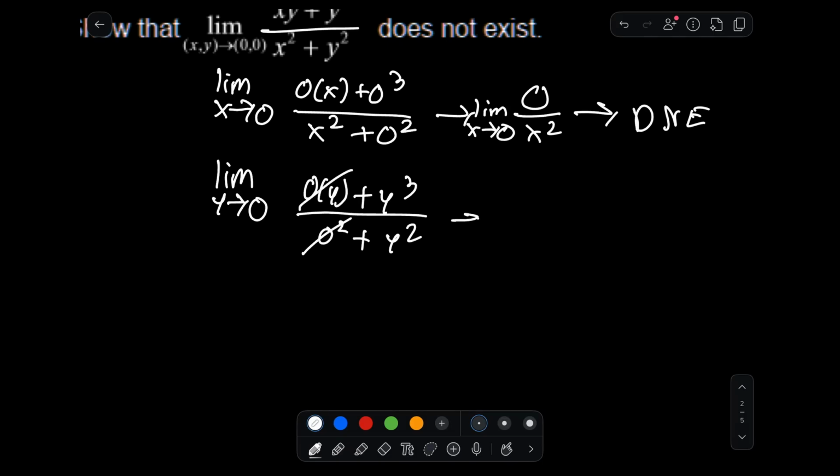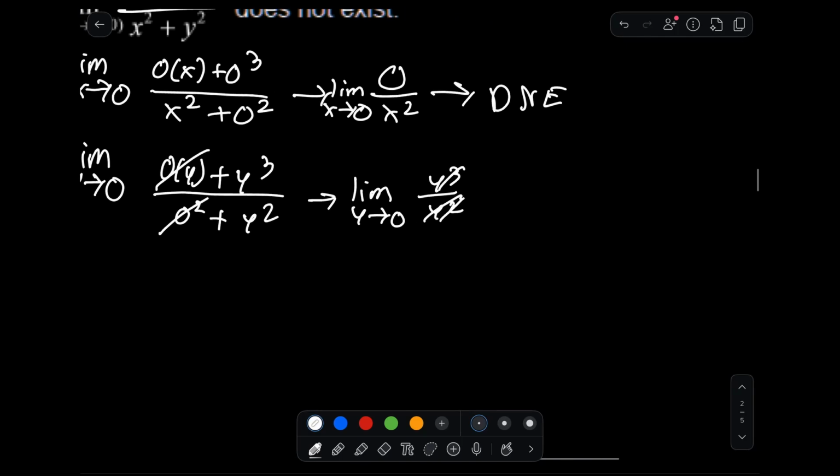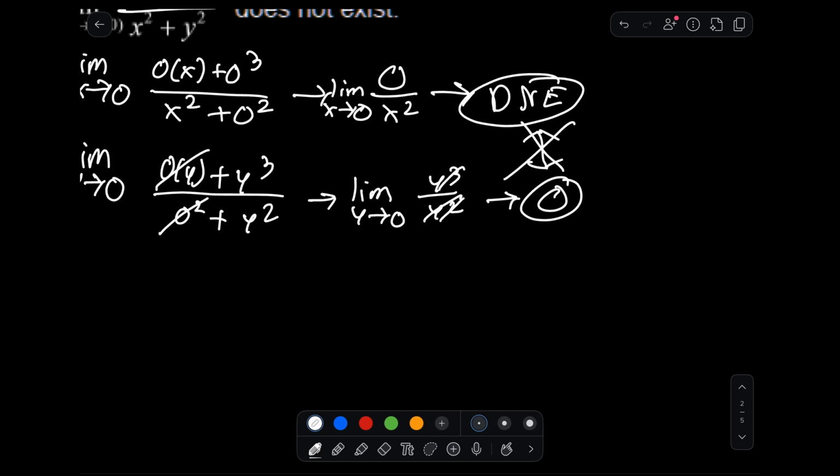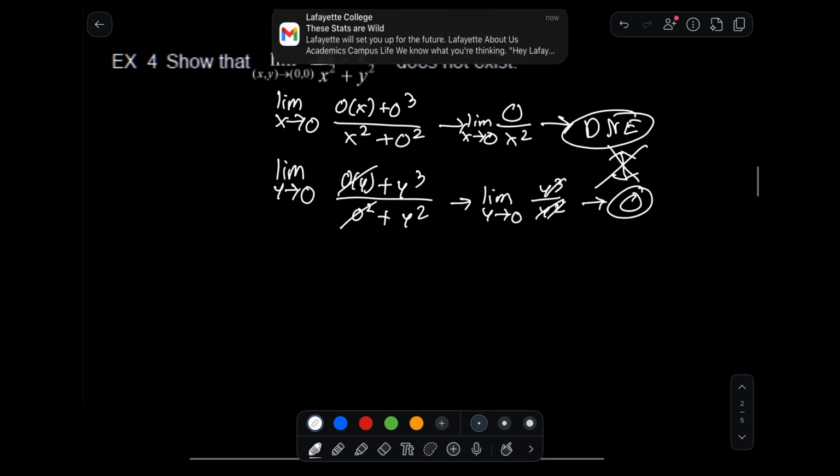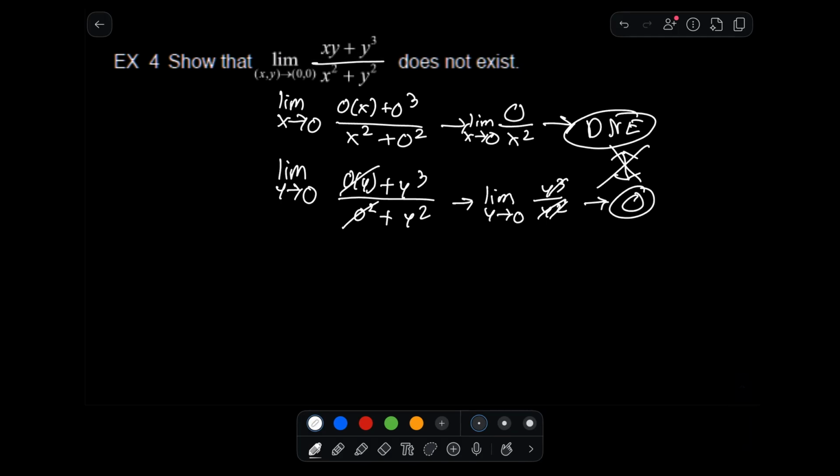This goes away, this goes away. So it's the limit as y approaches 0 of y cubed over y squared. And then the limit as y approaches 0 is going to be 0. These two do not match. Therefore, we know that this limit does not exist.